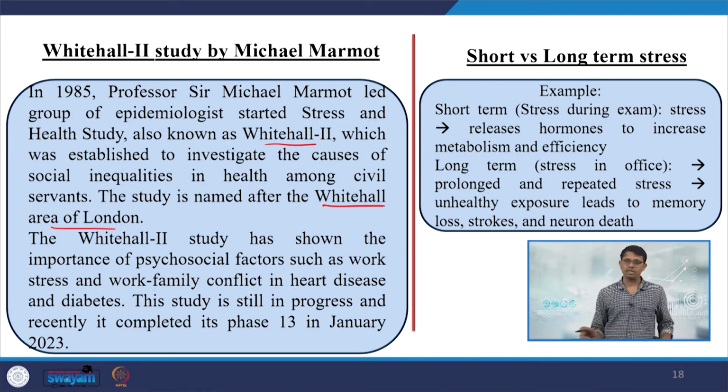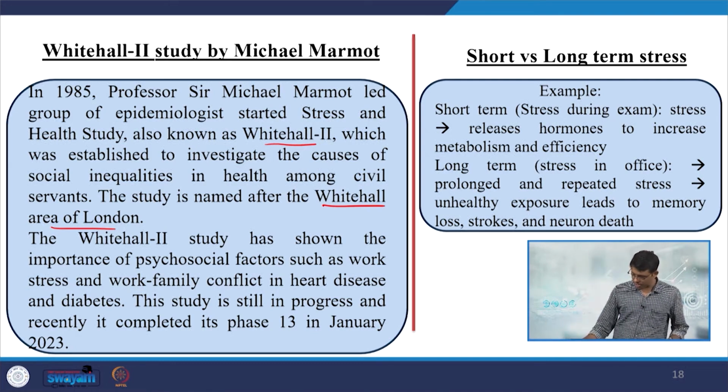Hence, it is relevant for research. As I already mentioned, through their work, stress has short term and long term consequences, and our choice function will be suboptimal in the long run.